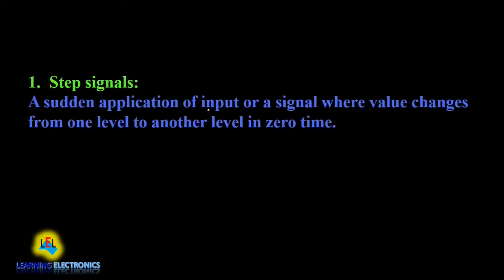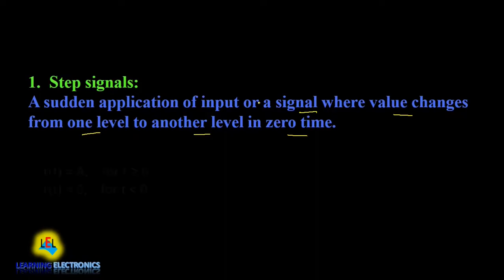It is a sudden application of input, or we can say a signal where the value changes from one level to another level in zero time. Zero time means t is equal to 0. The step signal's value changes from one level to another level.